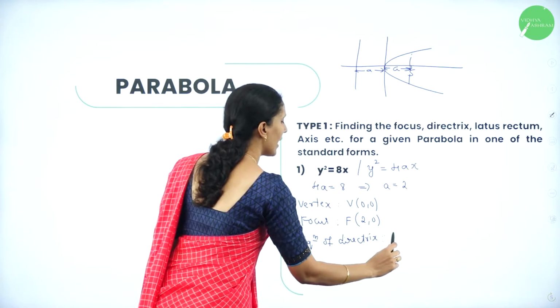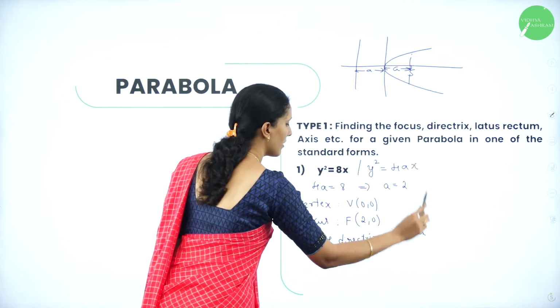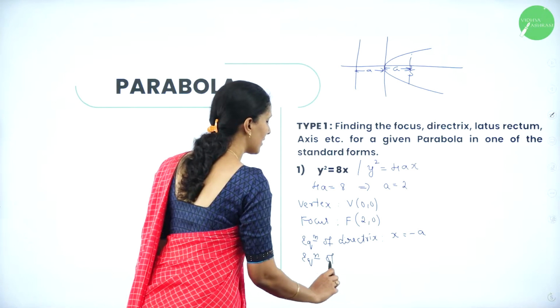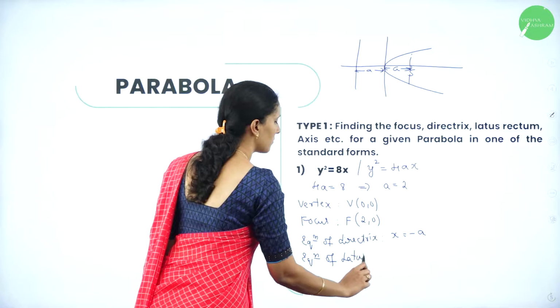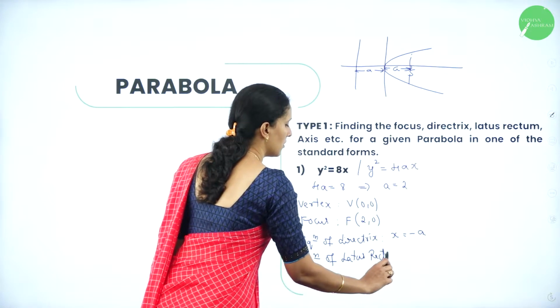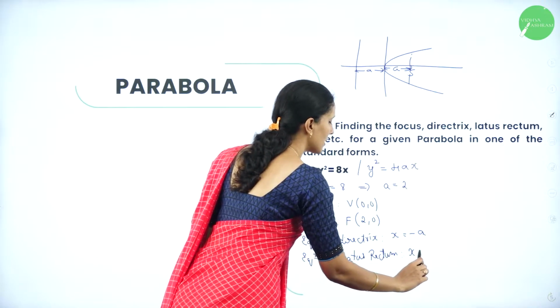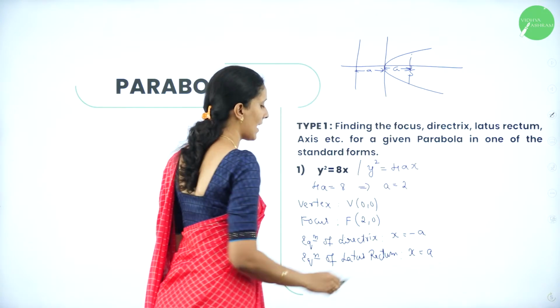So it is x is equal to minus a. Next, we'll write the equation of latus rectum. The latus rectum is on the positive side. So it is x is equal to a.